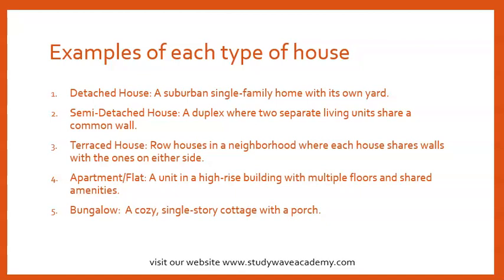The detached house, a suburban single-family home with its own yard. So the detached house is a house by itself with its own yard. Semi-detached house, a duplex where two separate living units share a common wall. Two houses sharing one wall, like a twin home.